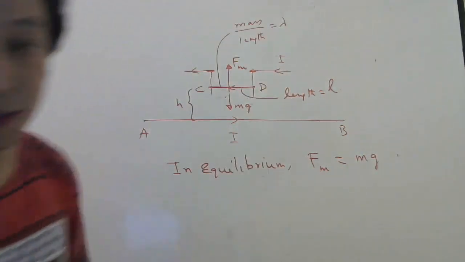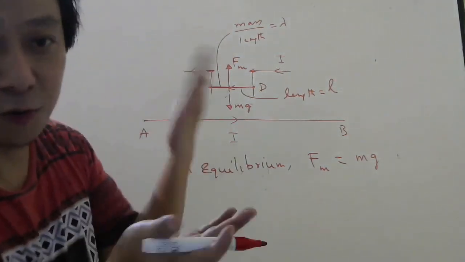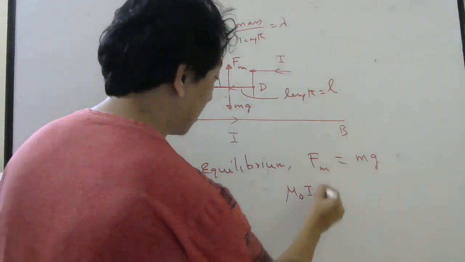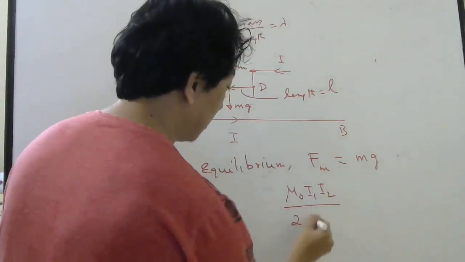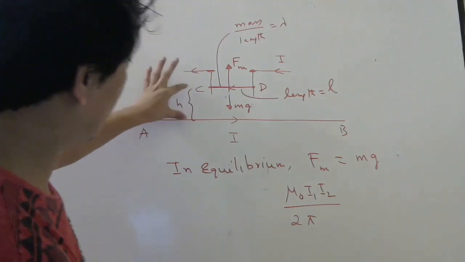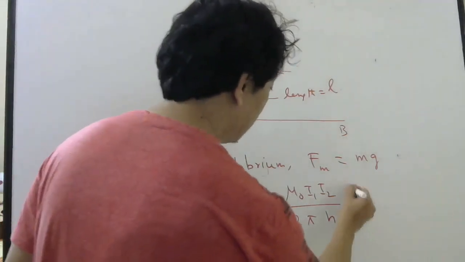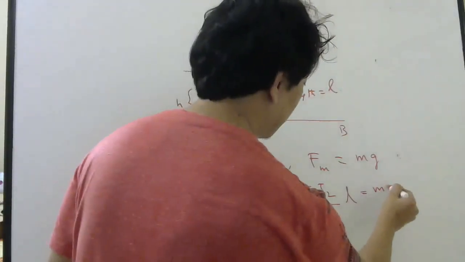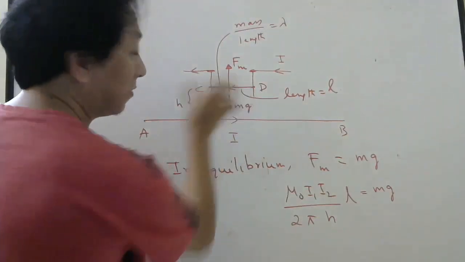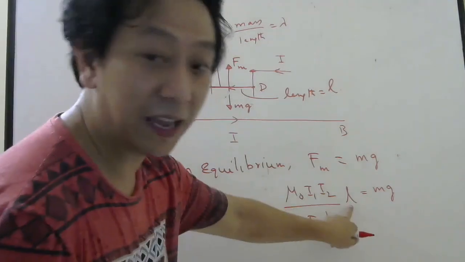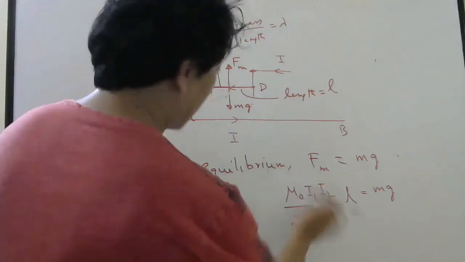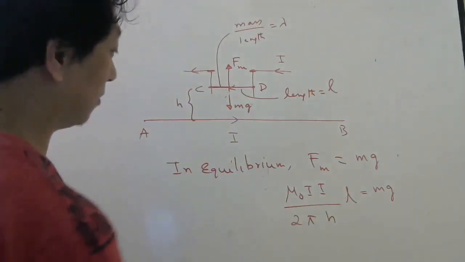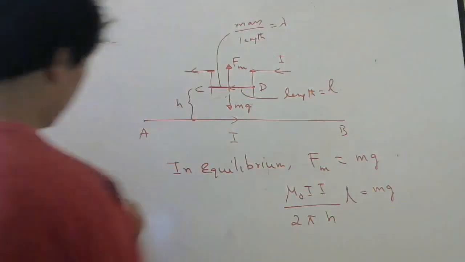Correct? Now what is the magnetic force? These are parallel wires, so for parallel wires you apply the standard formula: mu naught I1 I2 by 2 pi times this distance, which is h, into L, equal to mg. You remember that, no? Because we want the force on this length L of the wire, we have to multiply by L. Here currents are the same in both of them, so I can write I. If you cross multiply, what will be your h?